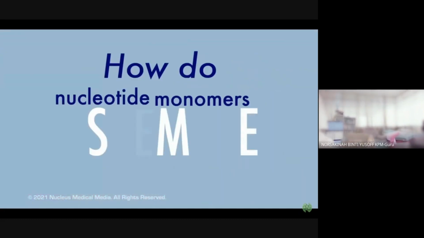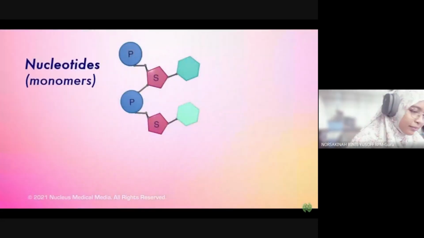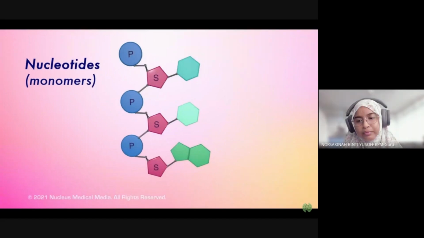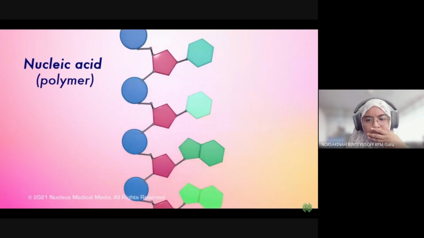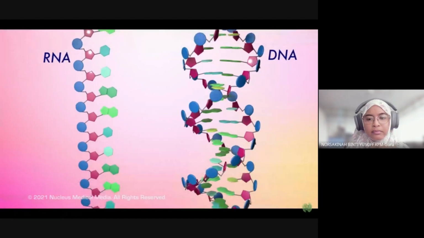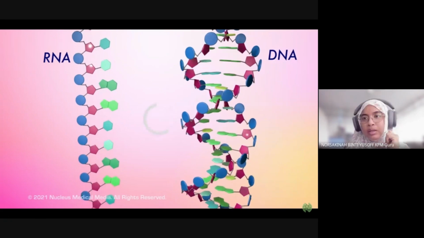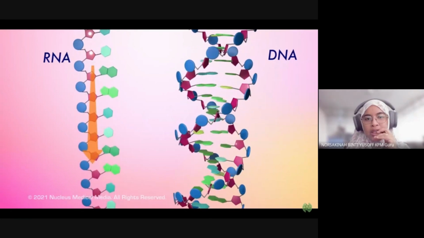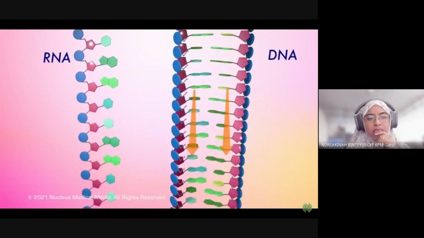So, how do nucleotide monomers assemble into nucleic acids? Well, the phosphate group in one nucleotide bonds with the pentose sugar in another nucleotide. The assembled string of nucleotides forms a nucleic acid polymer. Even though both RNA and DNA have alternating sugar and phosphate groups, there are differences in their overall structure. For example, RNA is a single-stranded nucleic acid, while DNA is a double-stranded nucleic acid.